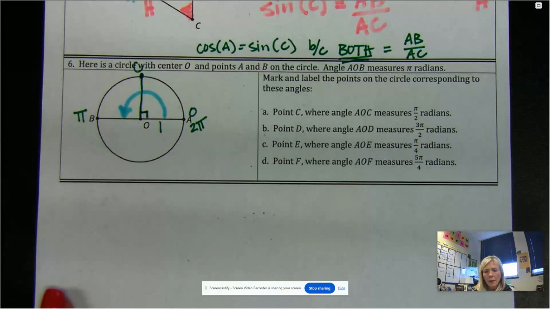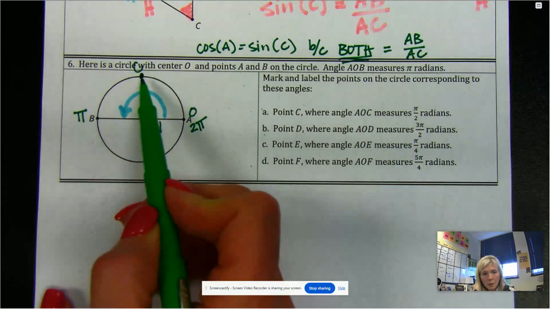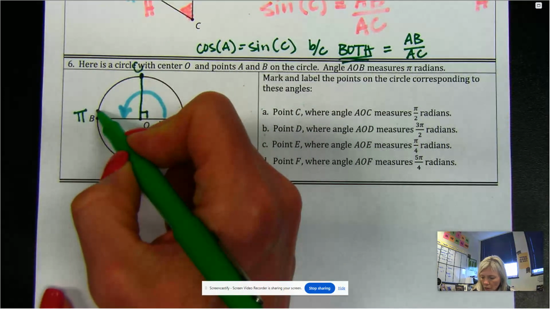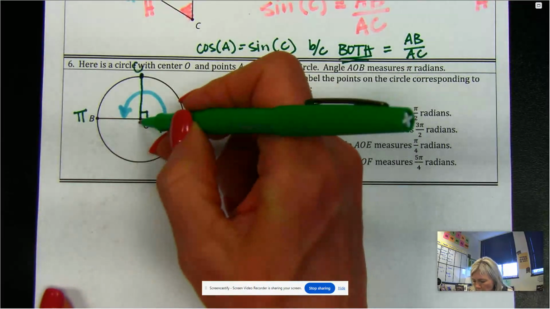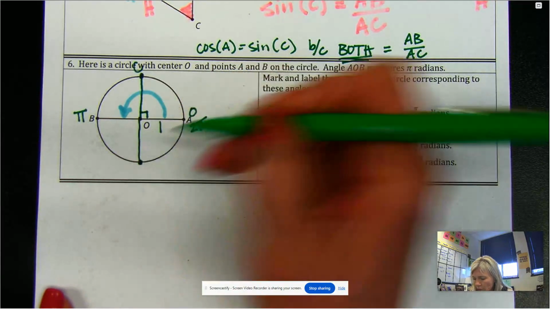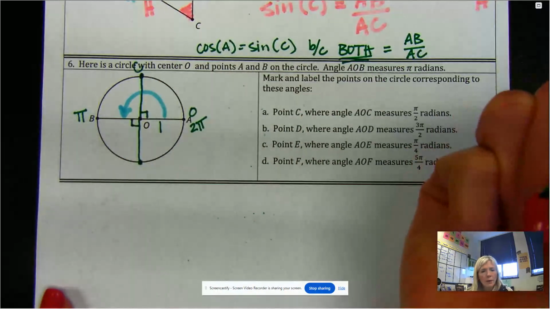Okay? And then 3 pi over 2 would be 3 of these. So 1, 2, and then the third one would be right here, straight down from there. So this would be another right angle right there.